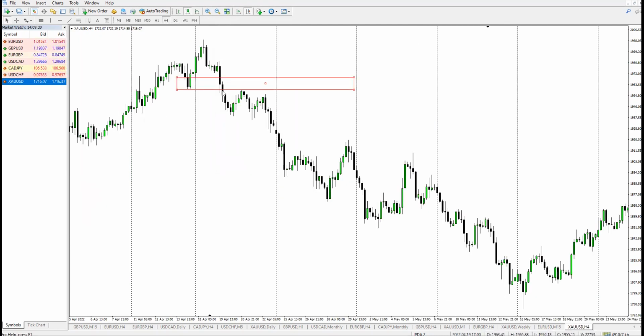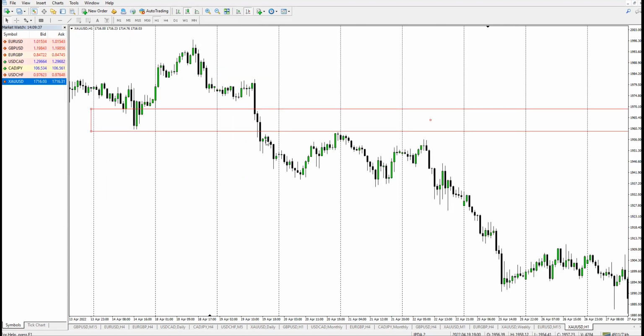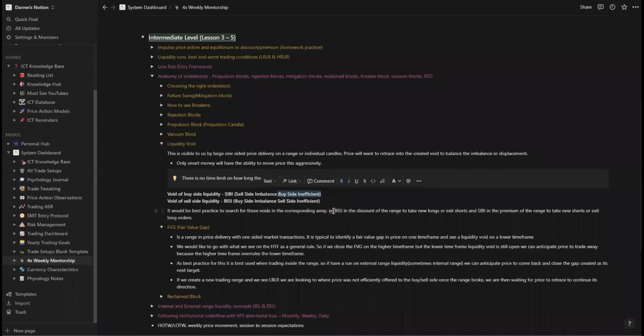So a larger liquidity void on a lower time frame, but a small fair value gap on the daily over here. And if you go even lower, you'd see an even larger liquidity void on a lower time frame. So one time frame's fair value gap might be a liquidity void, or in reverse, one time frame's liquidity void might just be a fair value gap, either or. But that's just the difference.